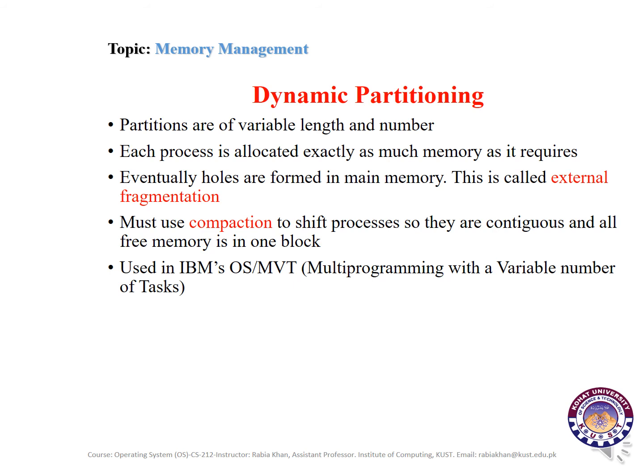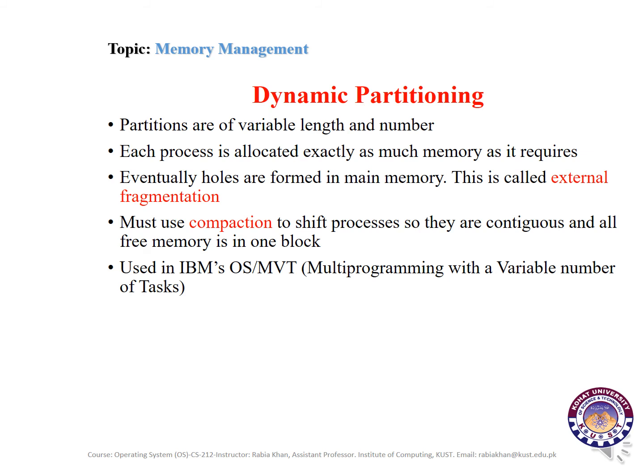But external fragmentation brings a benefit or advantage, as those holes can be utilized by any other process. While in case of internal fragmentation, the wasted space is not available to be utilized by any other process. So in case of external fragmentation, the operating system will apply a technique known as compaction.